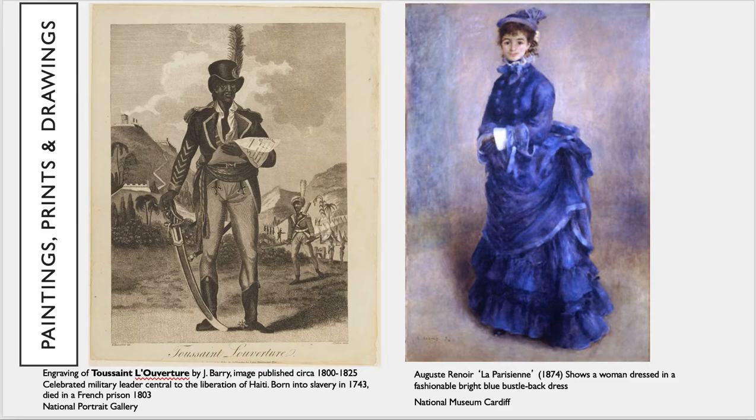But just as in a film, dress is an important part of telling the story of a painting, for example. And the painting on your right is actually on display in Cardiff Museum. So I would highly recommend that you all go and explore the amazing painting collections in the National Museum, Cardiff.